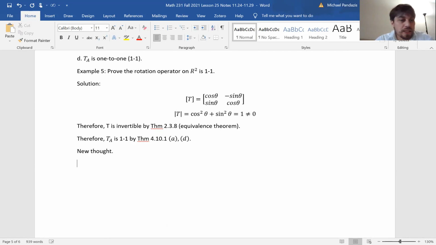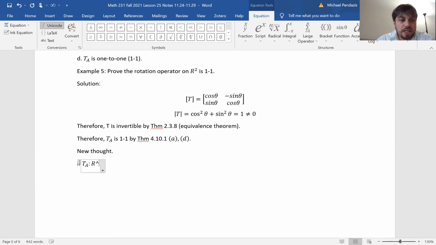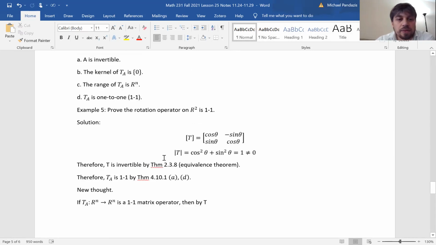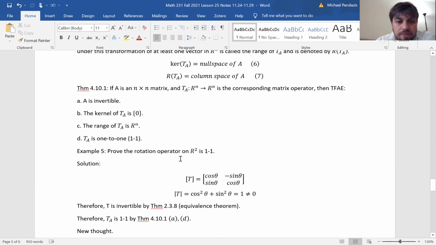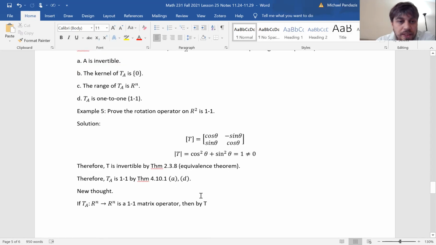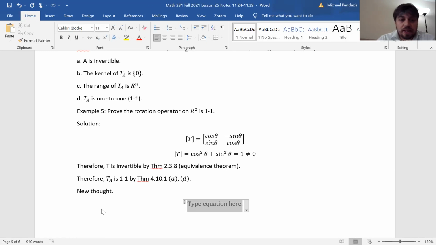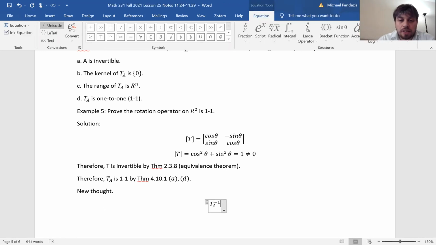New thought. If T sub A from Rn to Rn is a 1 to 1 matrix operator, then if you take T sub A inverse, the matrix operator for A inverse, you have a map from Rn to Rn.